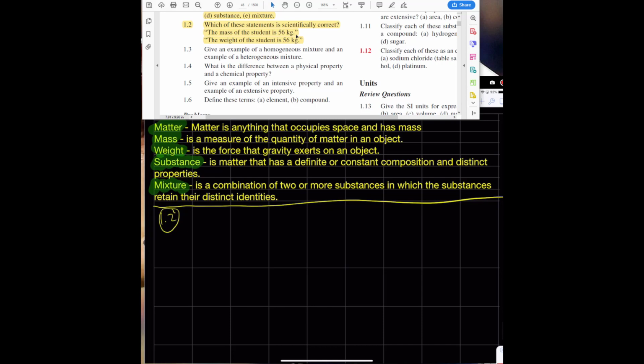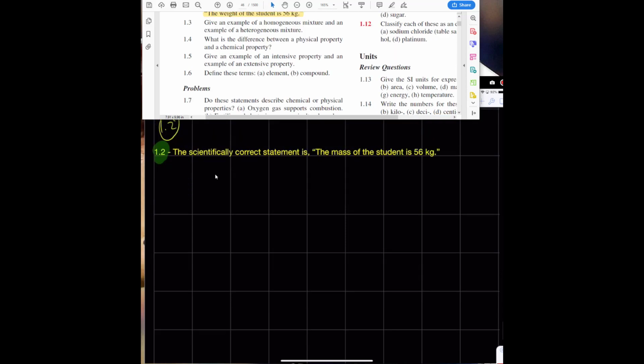So I would say the scientifically correct statement is the mass of the student is 56 kilograms. Okay, so we'll select this as our answer for 1.2. Moving on to the next question, 1.3.